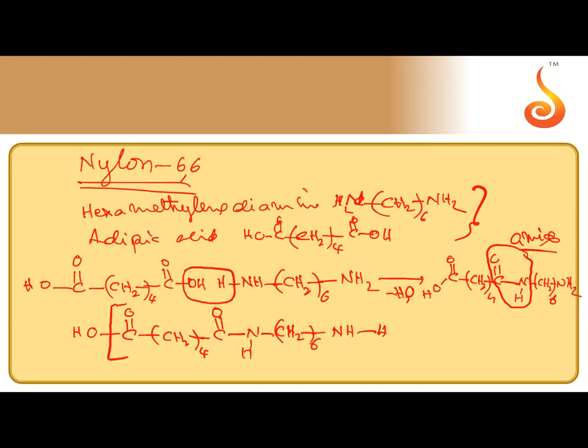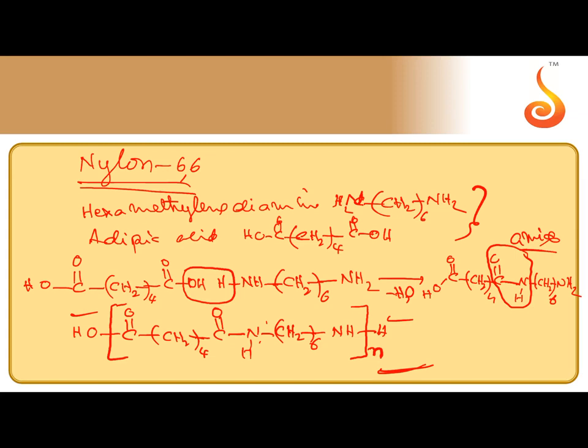From NH2 you keep the hydrogen outside of the square bracket. So H and OH get converted into H2O. That's why this is the repeating unit. It is repeated n times. This is the method to write the repeating unit in polyamides. N number of amide bonds are there, that's why it is called polyamide, and the previous one is polyester.